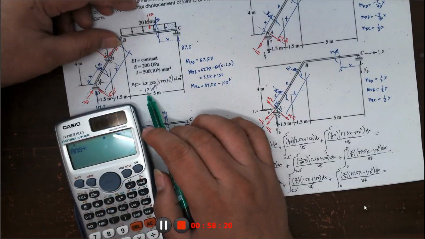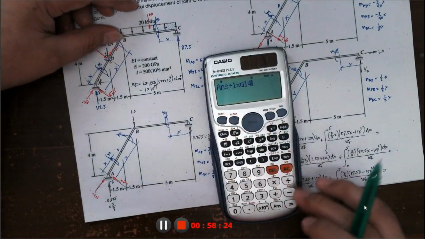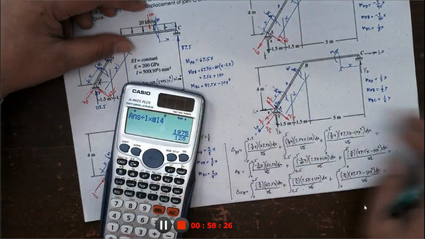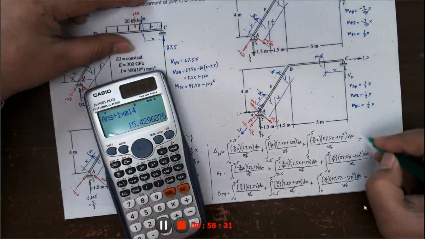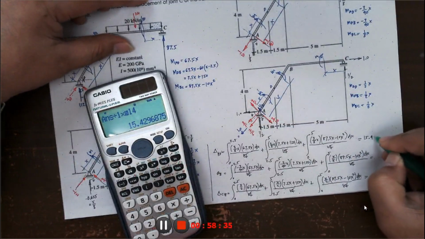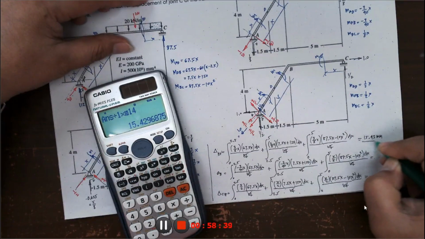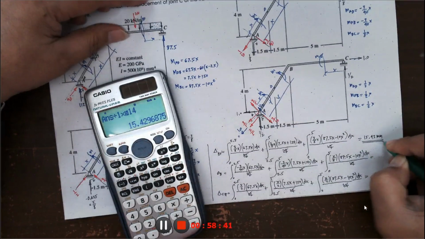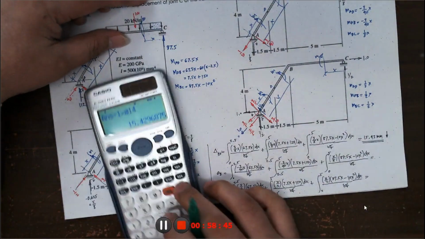Ang EI na to is 1 exponent 14. Ano yung answer? 15.43 millimeters. Downward. Positive. Okay.